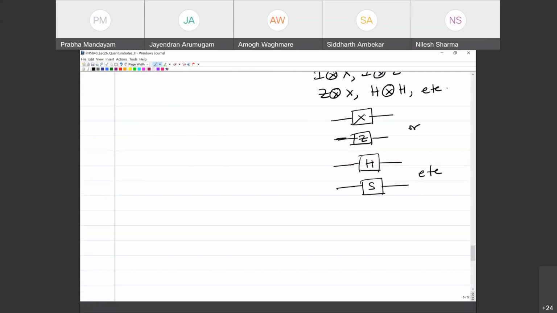So these are all products of local gates. By local, I mean that these gates are single qubit gates acting on individual qubits, right? So these are all decomposable gates, product gates.